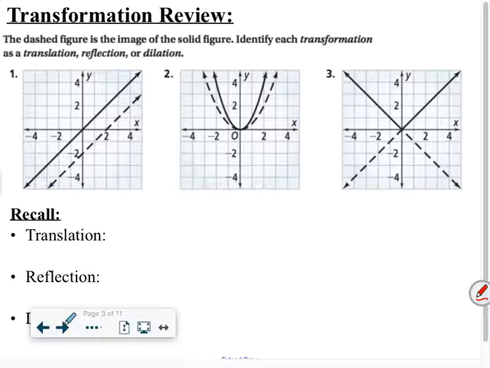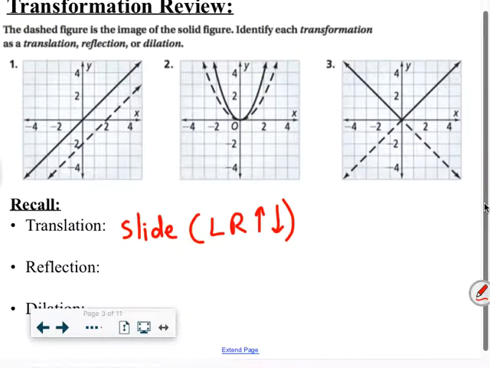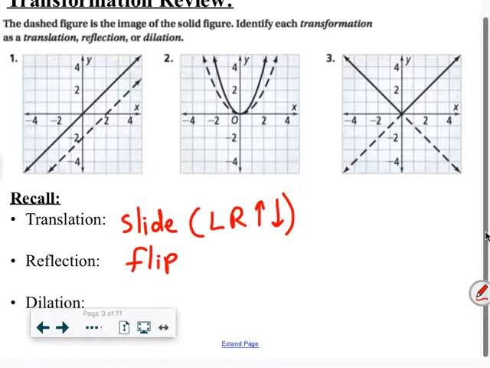So all I want you to do, and let me kind of write that down. A translation is a slide. So that's left, right, up, down. Okay? Translation is a slide. Left, right, up, down. Reflection is a flip. And a dilation is a stretch or shrink.